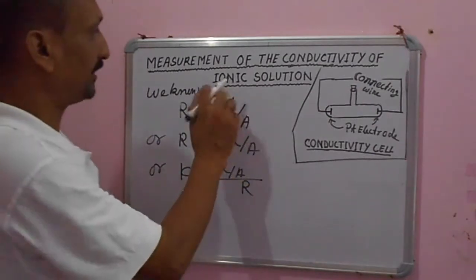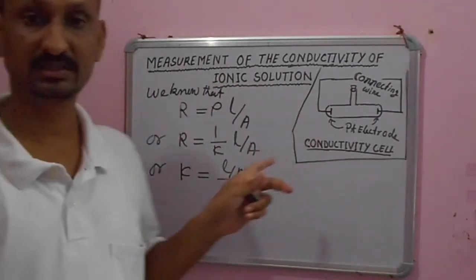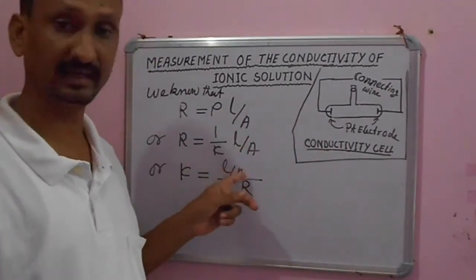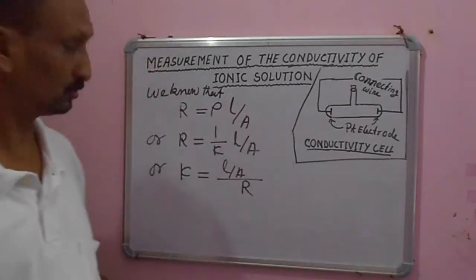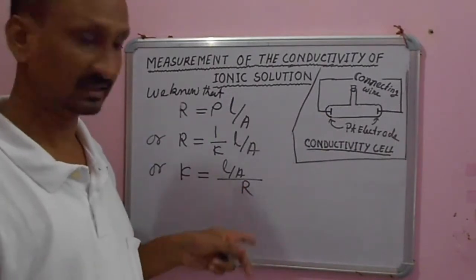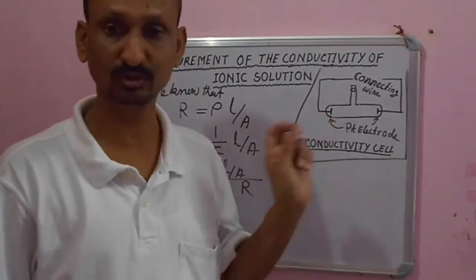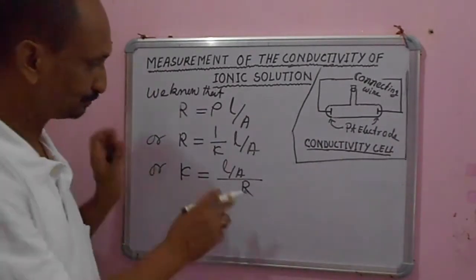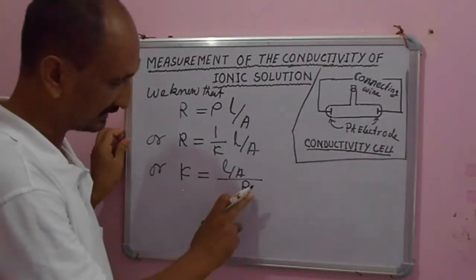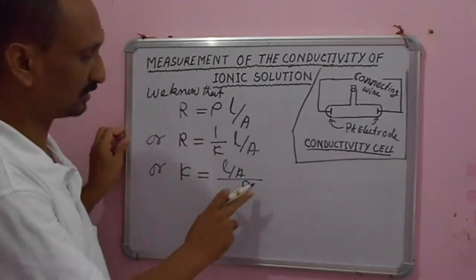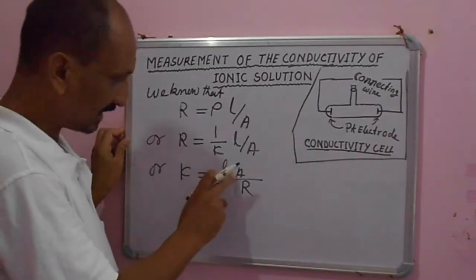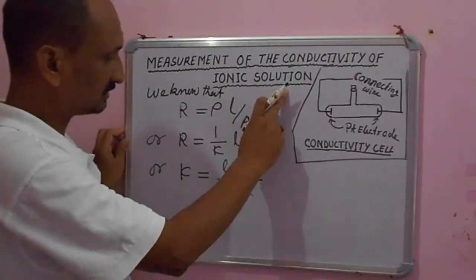But in case of an ionic solution, it is not convenient to measure L and A, and also to measure resistance R, as a solution cannot be connected through a Wheatstone bridge. The resistance of a conductor is measured by connecting it through a Wheatstone bridge, which you have already got in physics. And to measure L by A also in case of ionic solutions is not convenient.